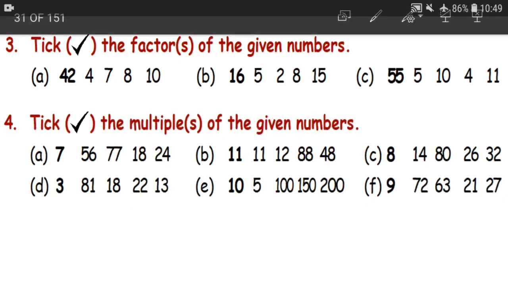Yes. Now question 3. Take the factors of the given numbers. Now we are having 42 and then we are having 4, 7, 8 and 10. From these we need to tick those numbers that are the factors of 42 children. Now if we take 4, see, a factor should divide the number completely, right?